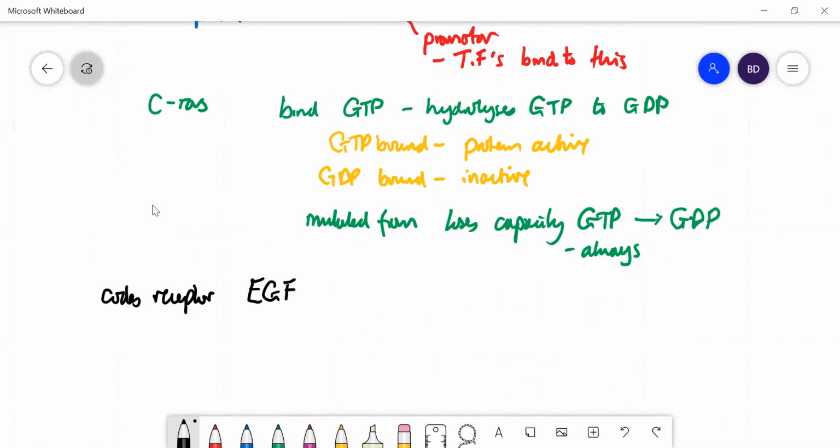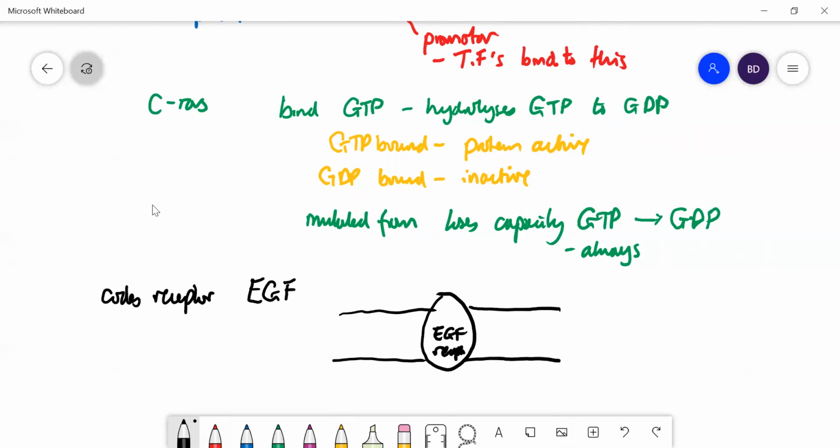Epidermal growth factor does, amongst other things, like its name suggests, promote the growth of epidermal cells, that makes them divide. So here's the phospholipid bilayer, and here is the receptor for EGF. And now the EGF, which I'll draw as this red blob here, this is the hormone.